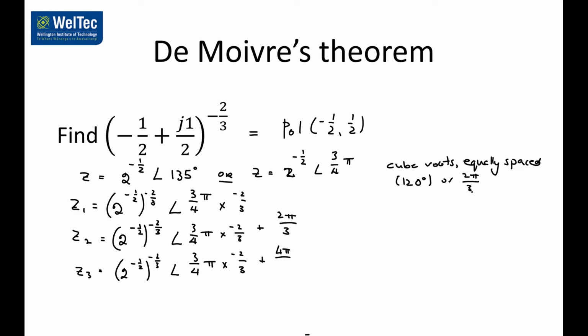So if we look at each of those in turn, the first one will be 2 to the power of 1/3 angle -pi by 2. And if we were to rewrite that, we would write it as 2 to the 3rd cos, depending on how you wanted your answer.